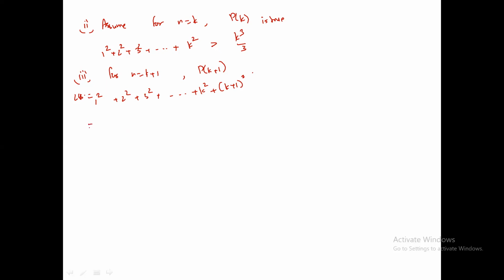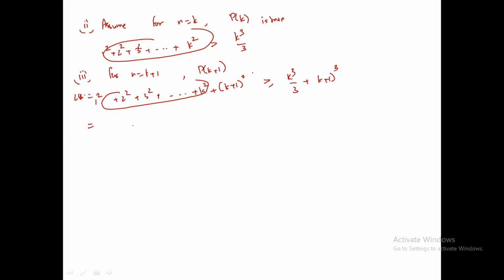But if you use n equal to k, all these 1 square plus 2 square up to k square, you can write this is greater than or equal to k cube by 3 plus the extra k plus 1 whole square.